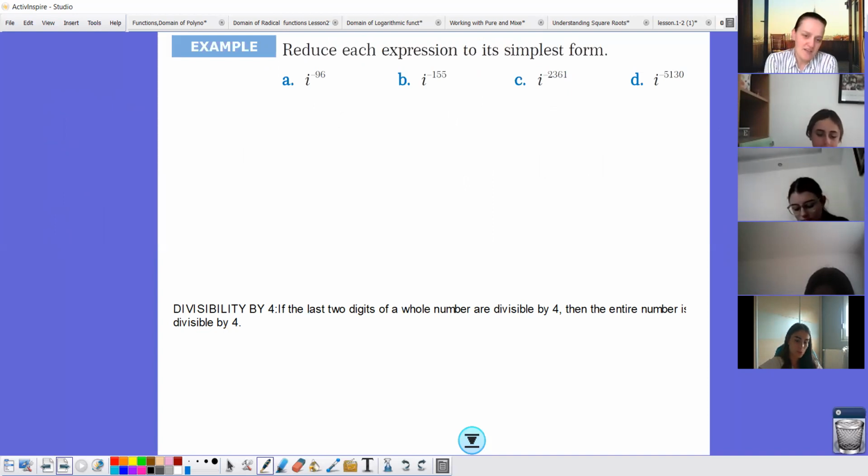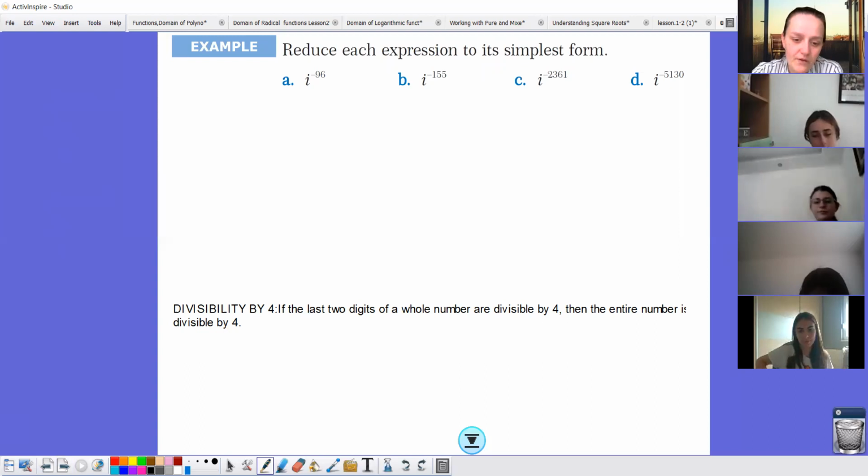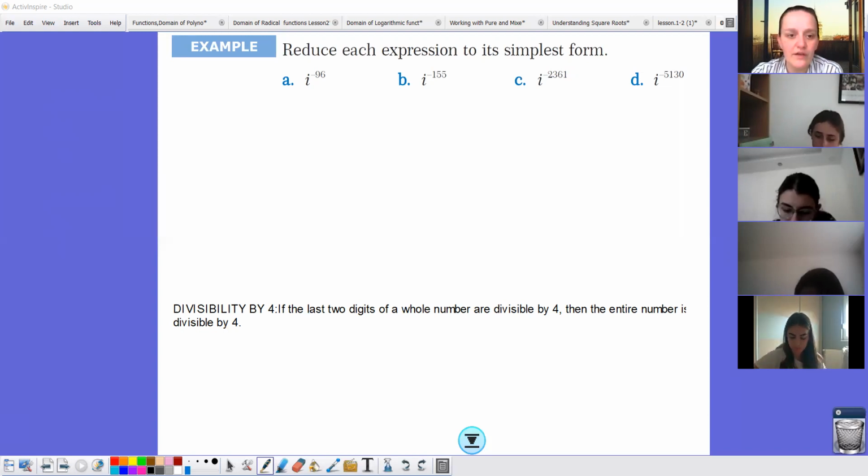Okay. Now we have the negative powers. Again, we'll use the same thing. I will give you a bit of time to try to solve, to find something, and then we'll talk, okay?